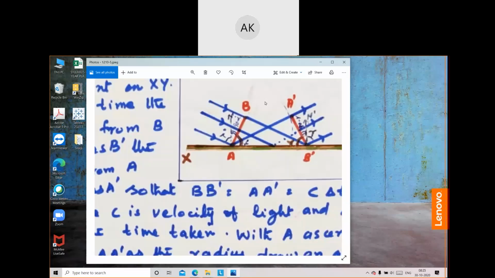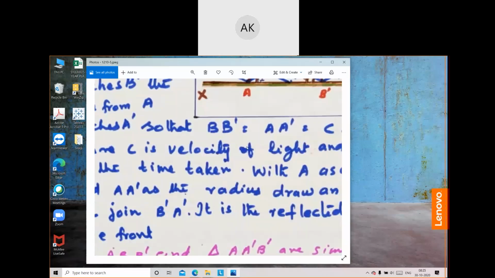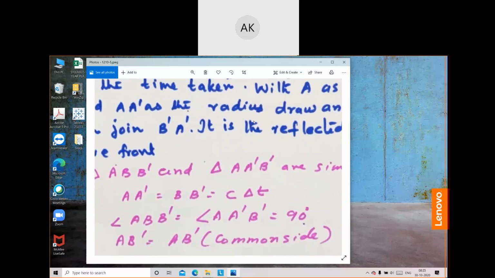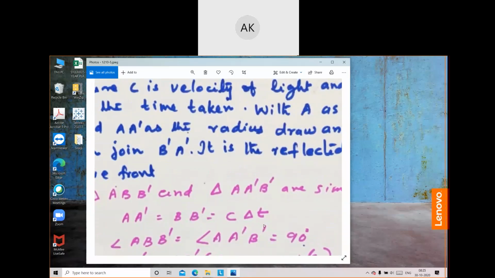So we can take in a time delta t, A reached A dash and the wave from B reached B dash. So that distance is also the same. So two sides and one angle are the same, so these two triangles are similar triangles. So we can prove that therefore angle I is equal to angle R.